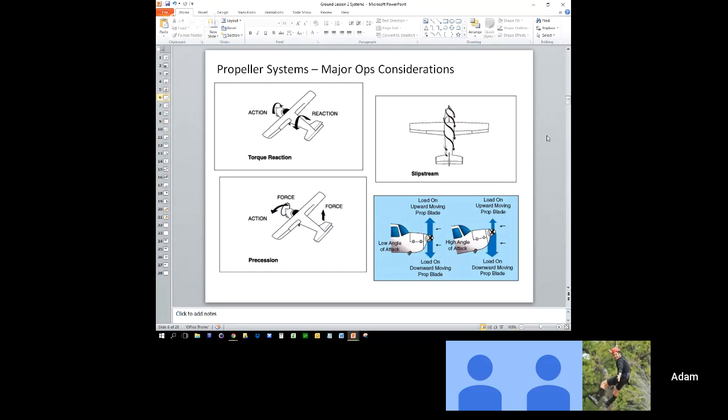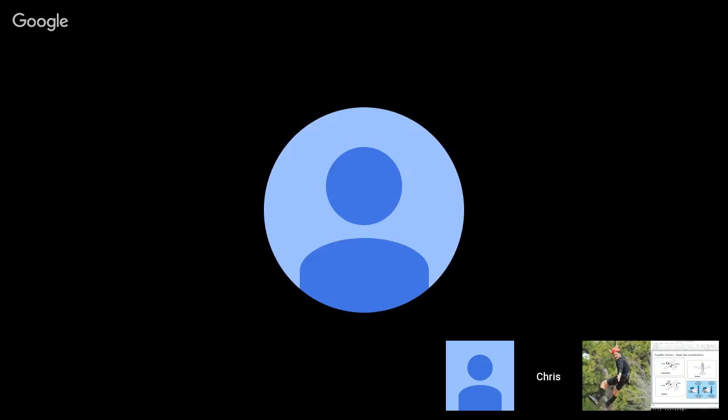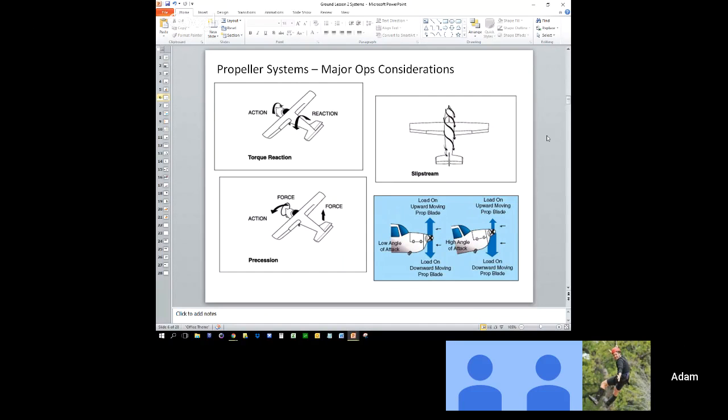Makes sense. So when the plane's descending, does it have a right word? No, and the reason for that is it's only pronounced in high power settings.